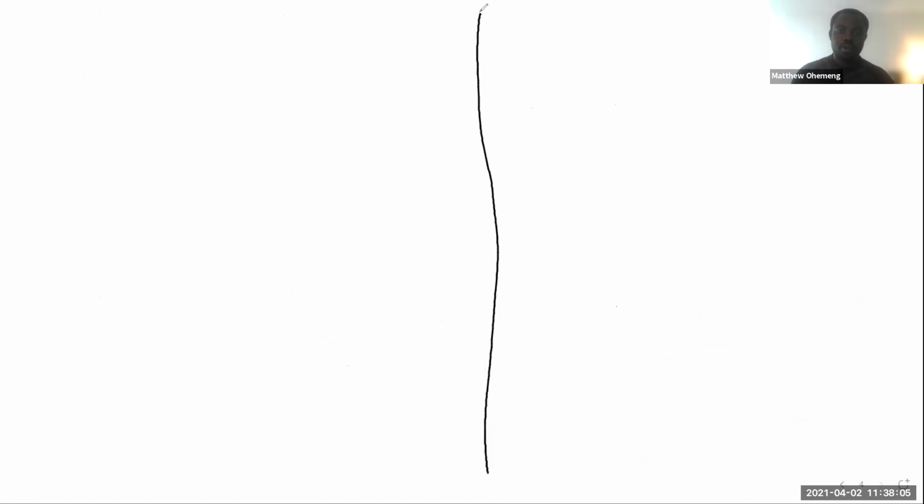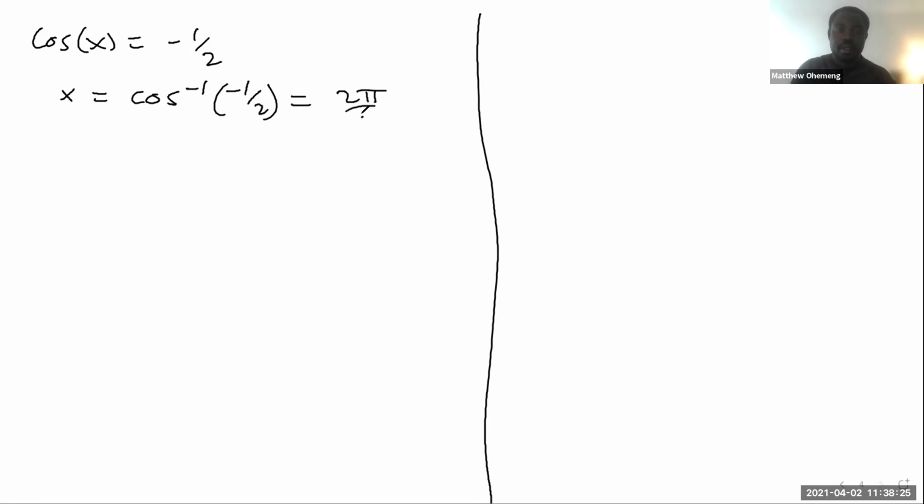So now for this one, we have cosine of x equal to -1/2. So finding the general solution, we first get the principal solution, like the first solution. So that will be x equal to cosine inverse of -1/2, which is I think 2 pi on 3. It's 120 degrees, which is 2 pi on 3.